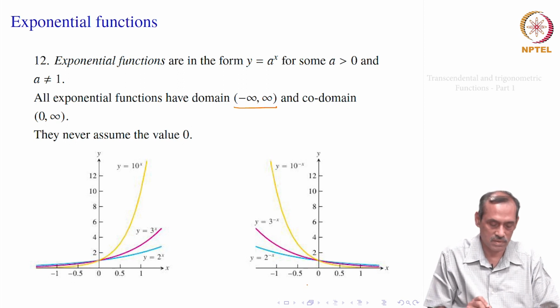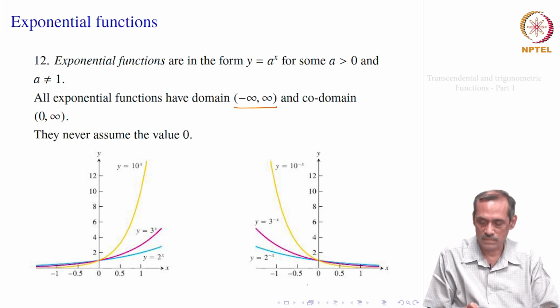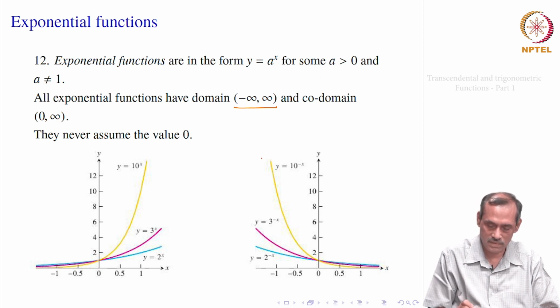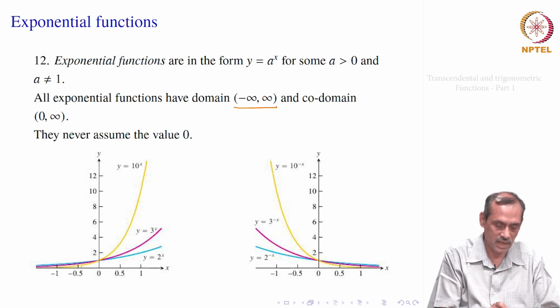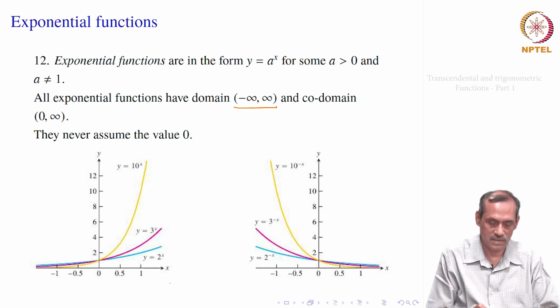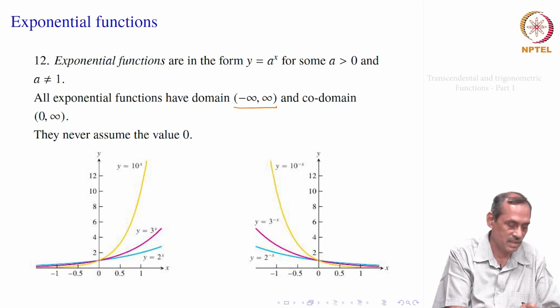So, that is how the curves look like when it is an exponential function. So, look at the nature here. When x decreases, it is going up and up in 10 to the power minus x. On the other side, when x increases, 10 to the power x is also increasing. Okay, we will come back to increasing and decreasing later.